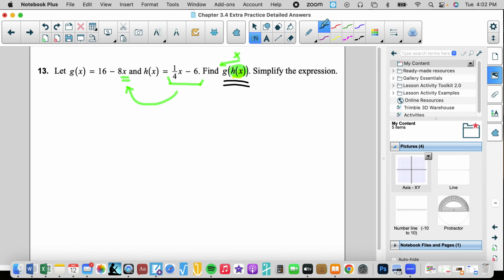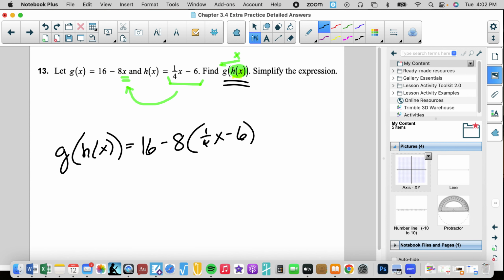That is a really good big brain one. So we'd say g of h of x equals 16 minus 8 times the quantity 1/4 x minus 6, because we are substituting that in for my x.